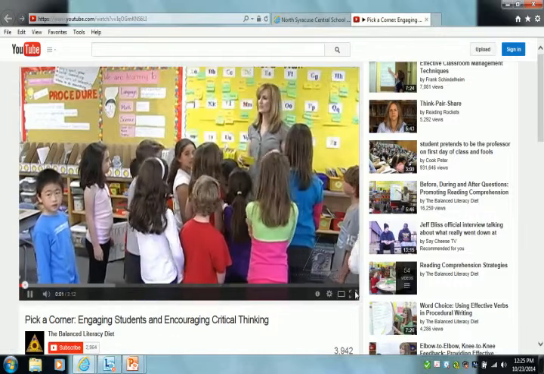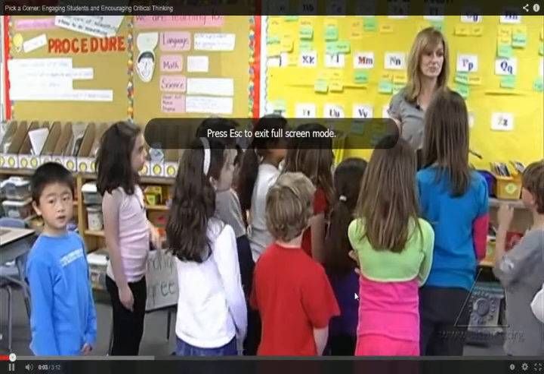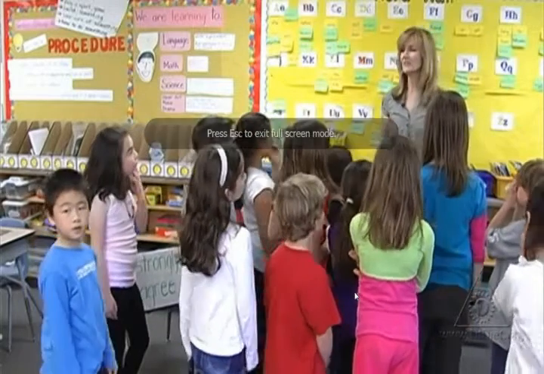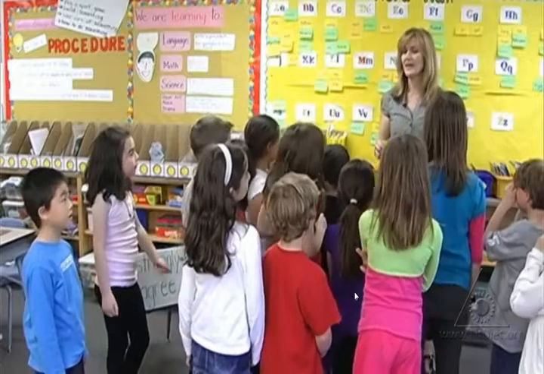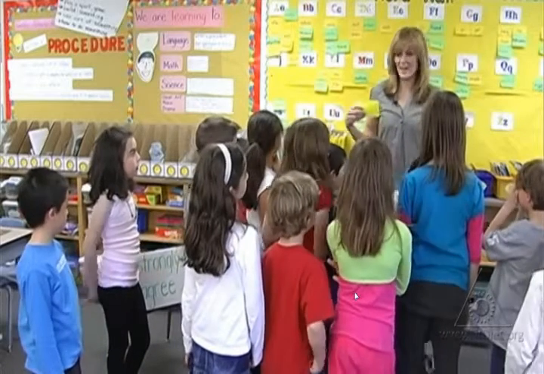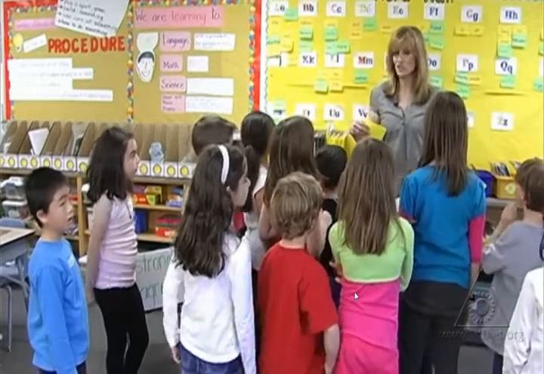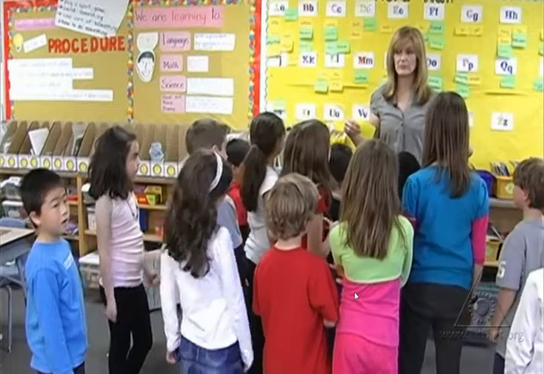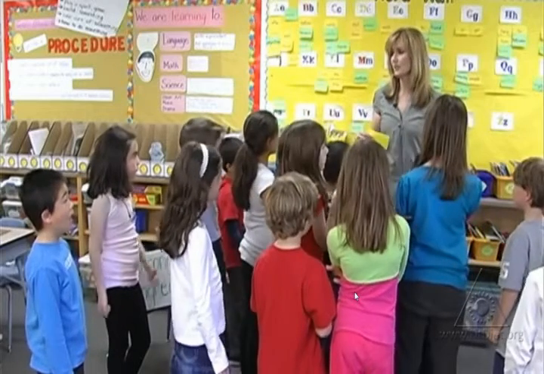Let's find out just how much we really do know about procedural writing. We're going to do an activity called 4 corners, and it involves moving our bodies to a corner of the room that has a sign posted.